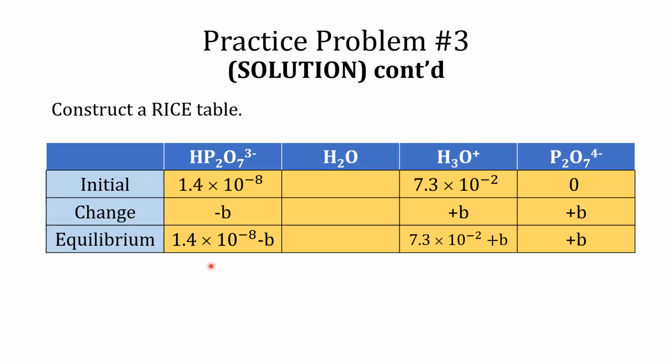The equilibrium concentration for hydrogen diphosphate ion is 1.4 times 10 to the minus 8 minus B, 7.3 times 10 to the minus 2 plus B for hydronium ion, and B for diphosphate ion.